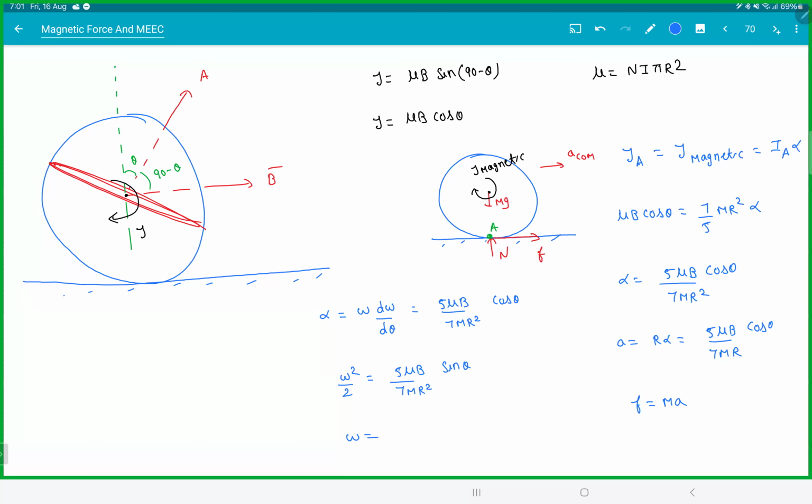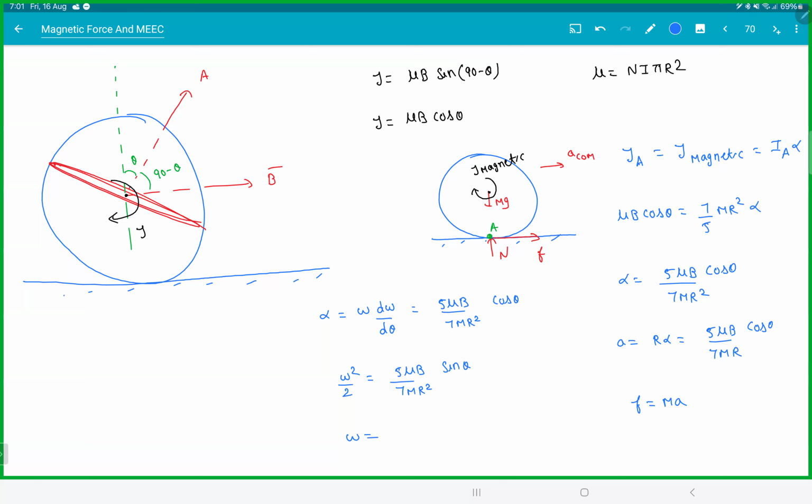Check. Aryan, did I go wrong? Can you take the center of mass as the axis? Yes, you can. If you take the center of mass, then you have to include the torque of friction also.